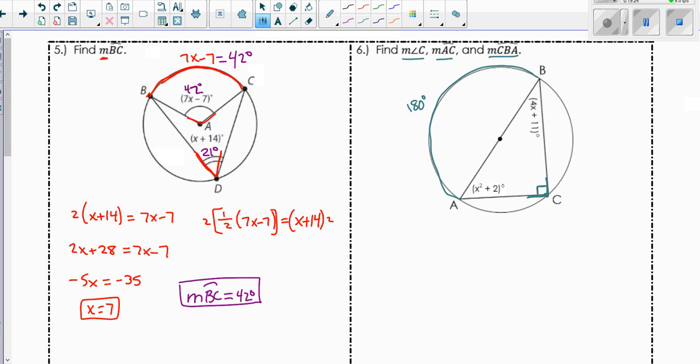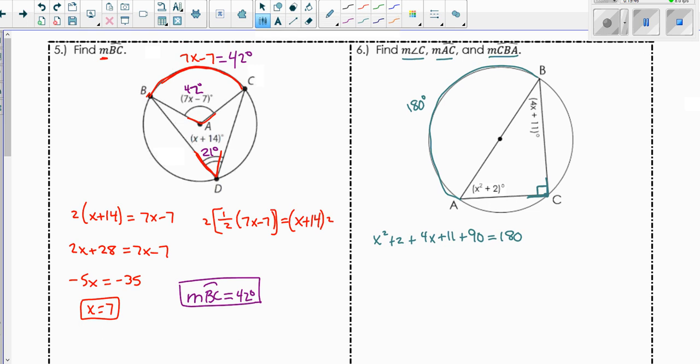Okay? So if this angle is 90, I can now set up an equation, and I can say that x squared plus 2 plus 4x plus 11 plus my angle of 90 has to be 180 because that's 3 angles in a triangle summed to be 180. I could also add up these 2 angles and set them equal to 90. I get the exact same thing.